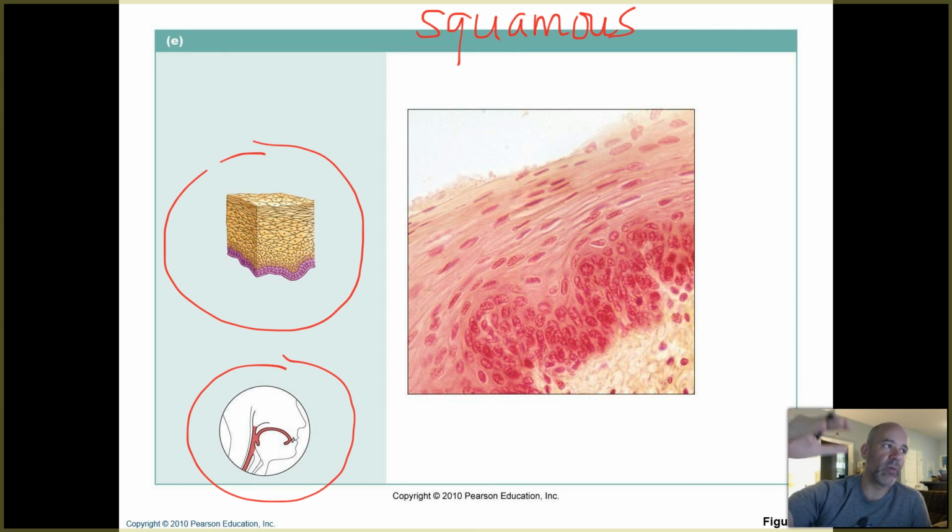The apical surface is what faces a lumen or the outside of the body. So this is going to be a stratified squamous epithelium.